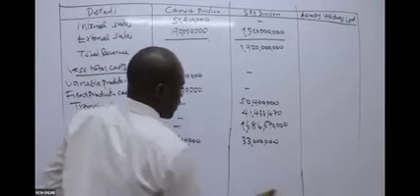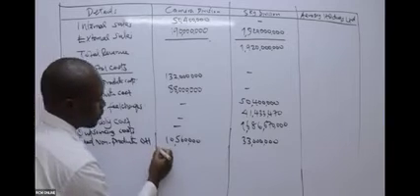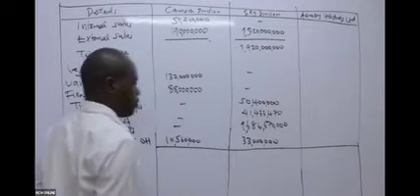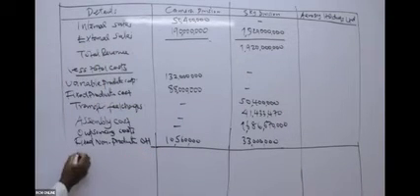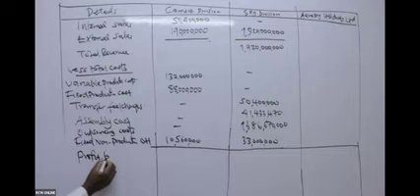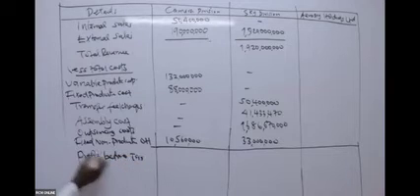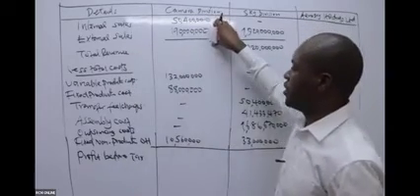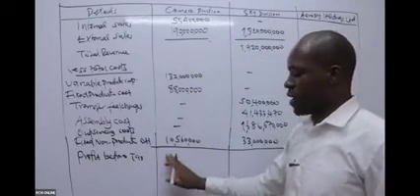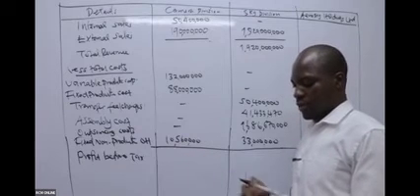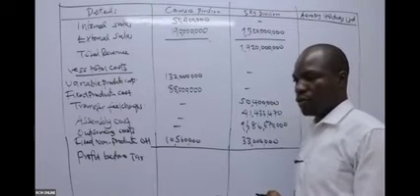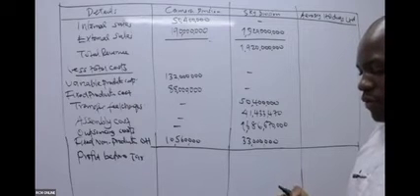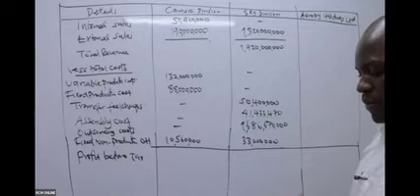So let's go ahead and get what we call profit before tax. Profit before tax, what are we getting? You will take your total revenue less all expenses. Can you give me the figure here? Profit before tax for camera division, how much do we get?